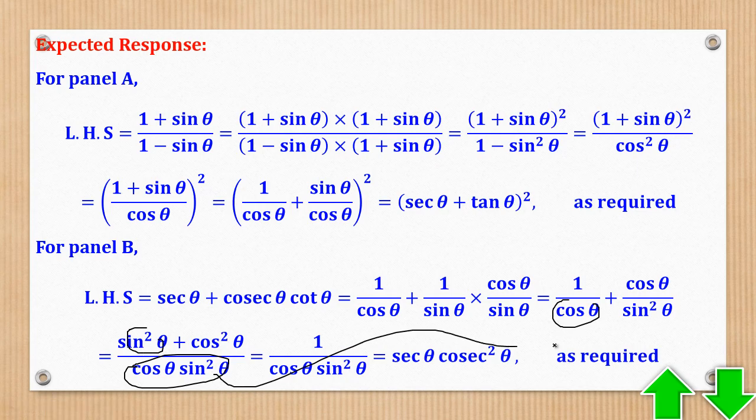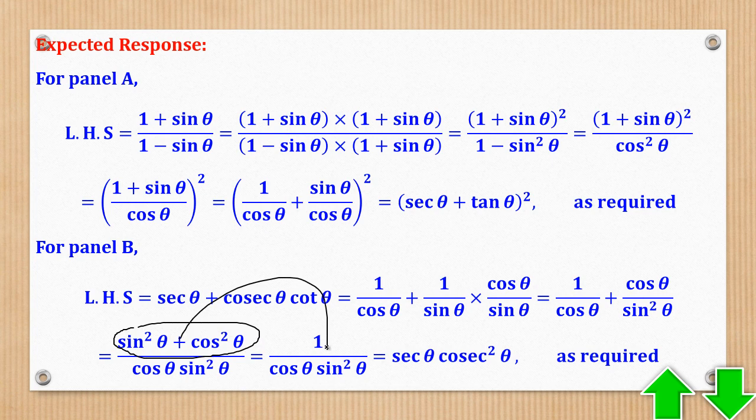Then this LCM divided by sine squared theta, you remain with cos theta, then cos theta times cos theta to give you cos squared theta. Now still from Pythagoras identity, sine squared theta plus cos squared theta is equal to 1. Then from there it means that 1 over cos is sec, and 1 over sine squared is cosec squared. And that's what they wanted.